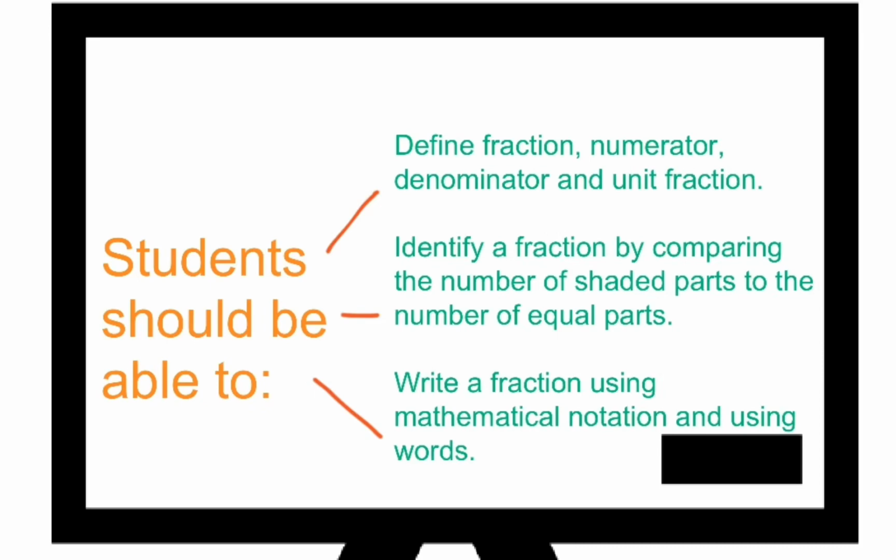You will identify a fraction by comparing the number of shaded parts to the number of equal parts. Also, write a fraction using mathematical notation and using words to solve problems.